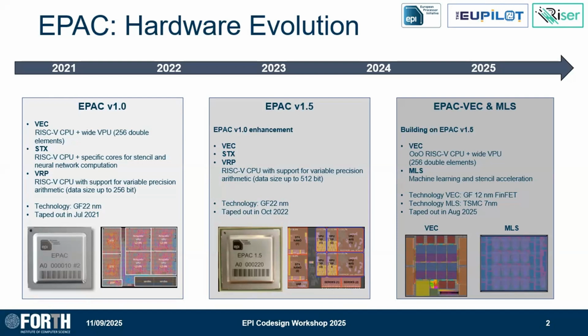We collaborated very closely with all the teams. You probably know all the teams, but just to mention here, the target that was taped out in 2021 was EPAC 1.0 with the VEC, with the long vector architecture, the out-of-order core, the Avispado core from Semidynamics, the wide in-order core, the wide VPU, 256 double precision elements, and the contributions from the side of ETH and Fraunhofer on the stencil accelerators, and the VRP from CEA, the variable precision arithmetic unit.